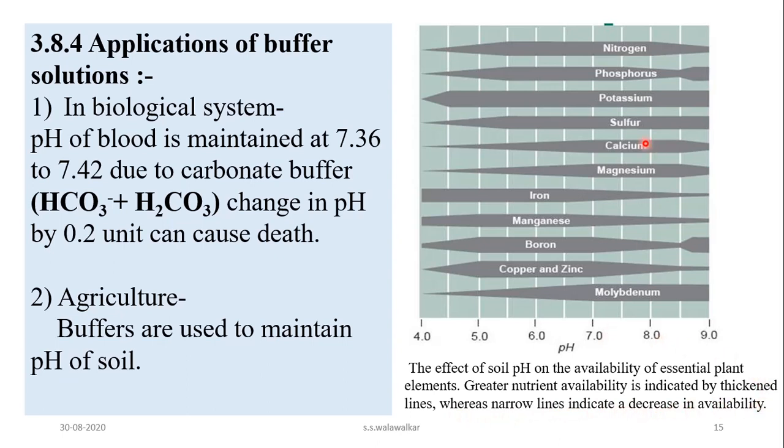So the soil gets buffered due to the presence of salts such as carbonates, bicarbonate, phosphate and organic acid, and the choice of the fertilizers depends upon the pH of the soil.